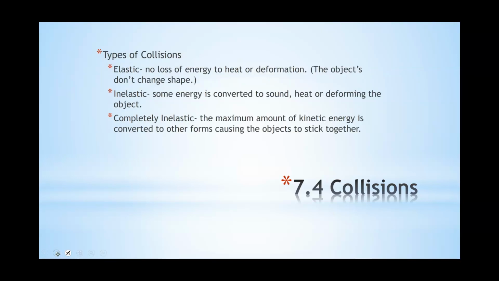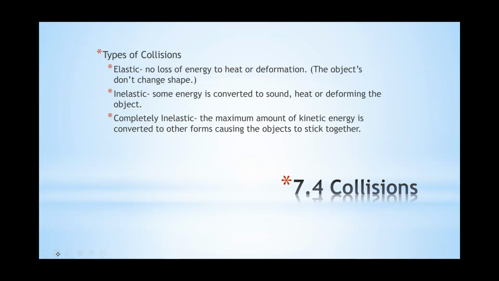We've already looked at the fact that we are having some changes in energy. In an elastic collision, we have no loss of energy to heat or deformation. Our object may temporarily change shape, but overall its shape remains constant. If you've ever seen a slow motion video of a golf ball being hit, that golf ball flattens on one side as part of the collision, and then returns to its normal shape.